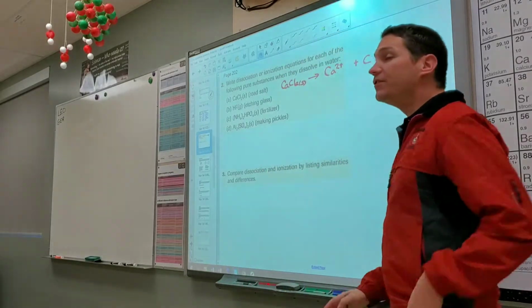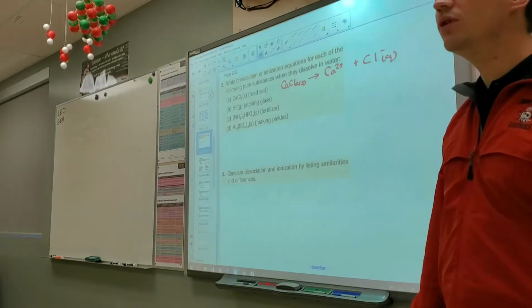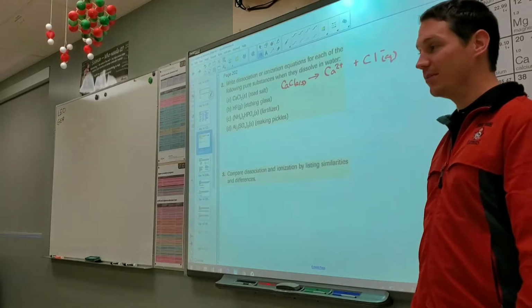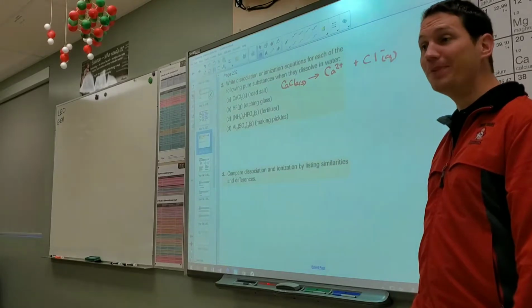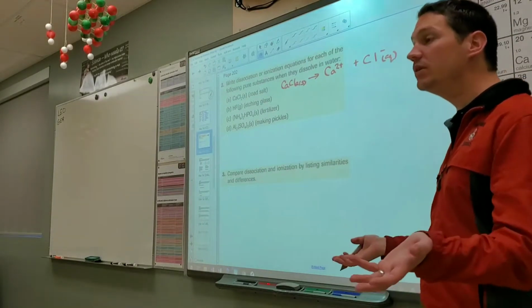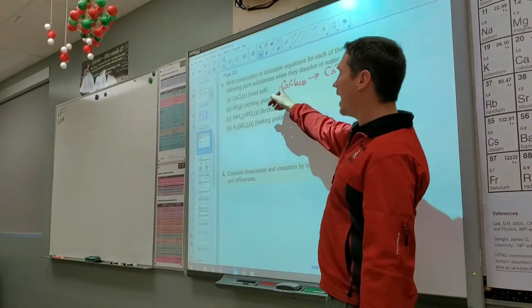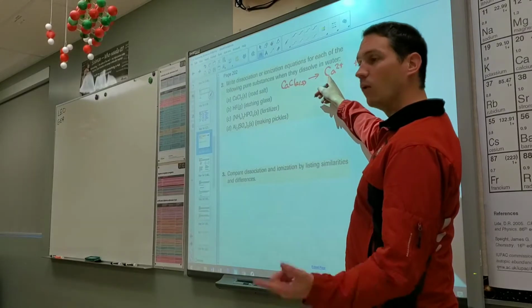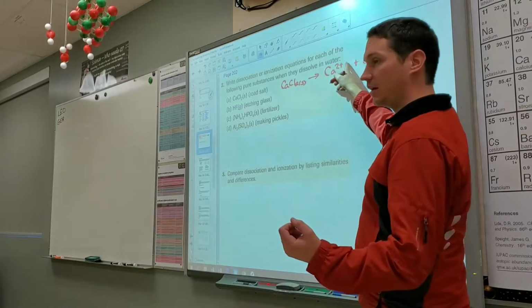Now, if you don't know what the charge is on a calcium ion, or if you don't know what the charge is on a chloride ion, what are you going to do about it? Just look it up, right? Don't be lazy. Don't just assume you know what it is. Just look it up. How many calcium ions are going to be made here? One. How many chloride ions are going to be made here?